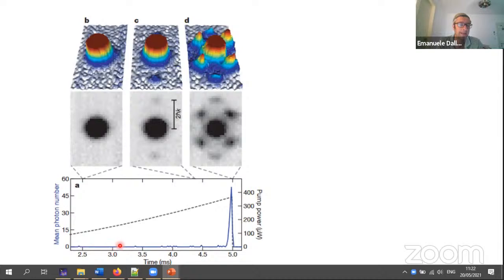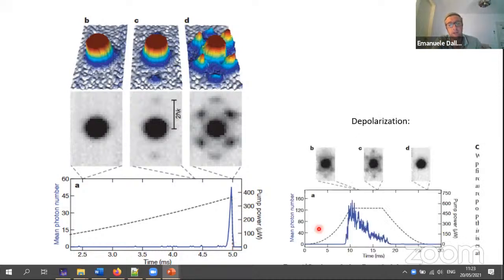The number of photons in the cavity is very, very small until it suddenly grows. This is really the quantum phase transition occurring from a zero photon state to a finite photon state. That's the phase transition.